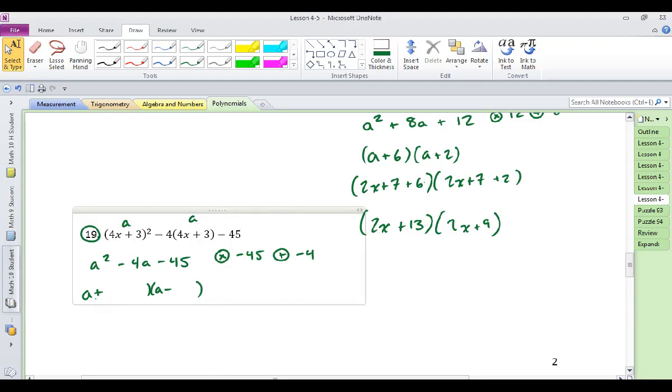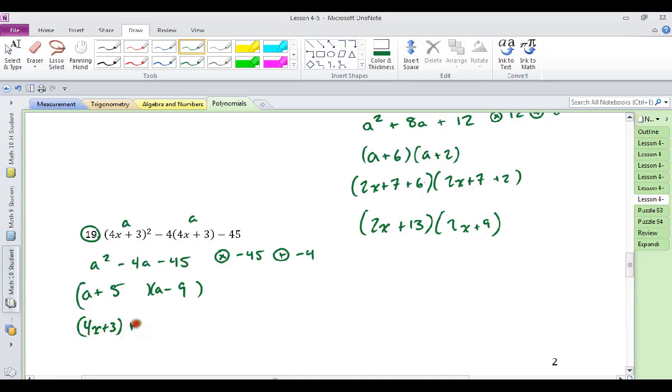It's 9 and 5. Which one's positive? The 9 is positive and 5 is... Oh, no, the 5 is positive. 5 is positive, 9 is negative. Yeah. Right? Now, what's A? 4x plus 3. So this side is 4x plus 3 plus 5, correct?